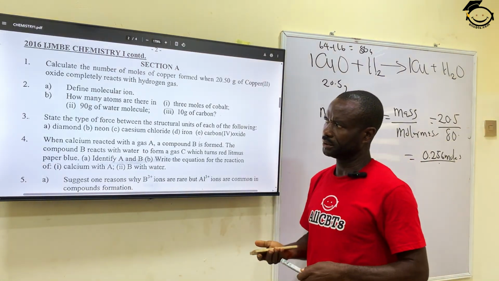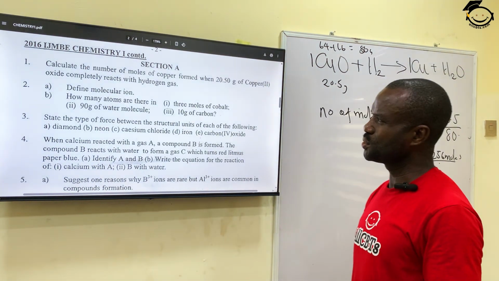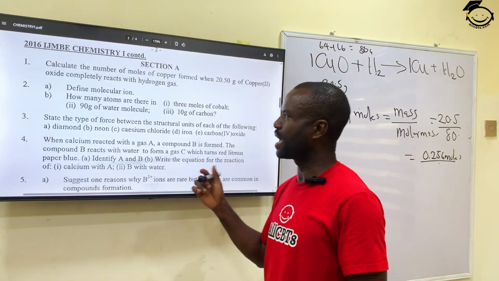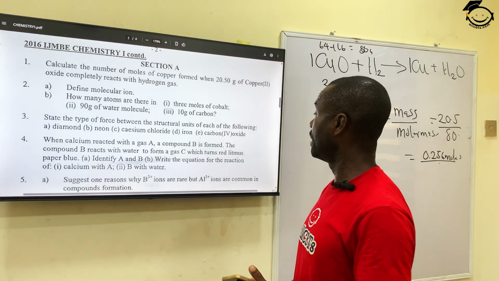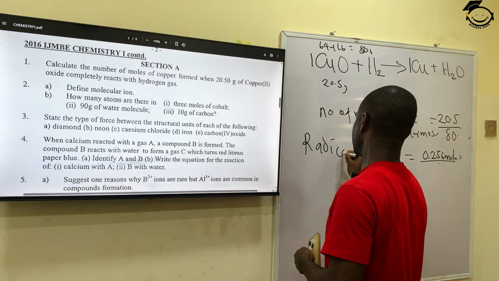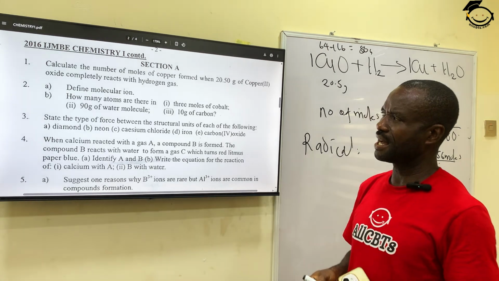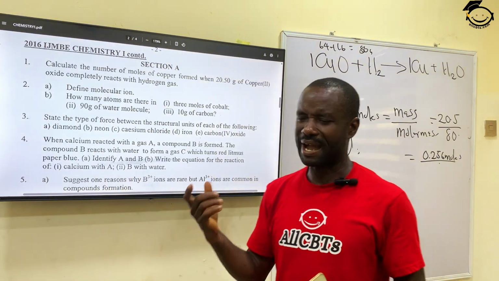That is question 1. Now, question 2a says, define molecular ion. Molecular ions are also called radicals. Radicals or molecular ions are a group of atoms, called polyatomic, that carries a charge.